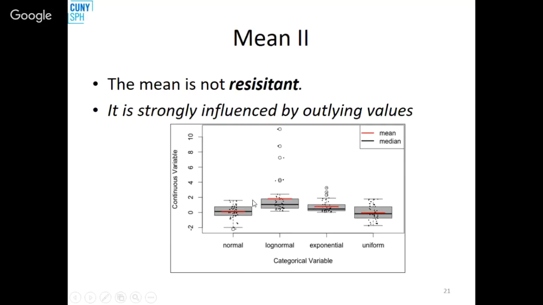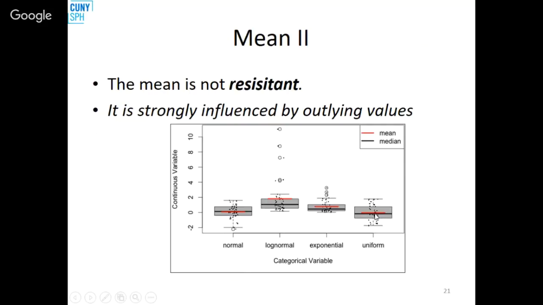So this would be maybe something like heights, this something like incomes. I don't know what exponential would be like. Maybe that could also be something like incomes, and uniform. I can't think of examples off the top of my head.